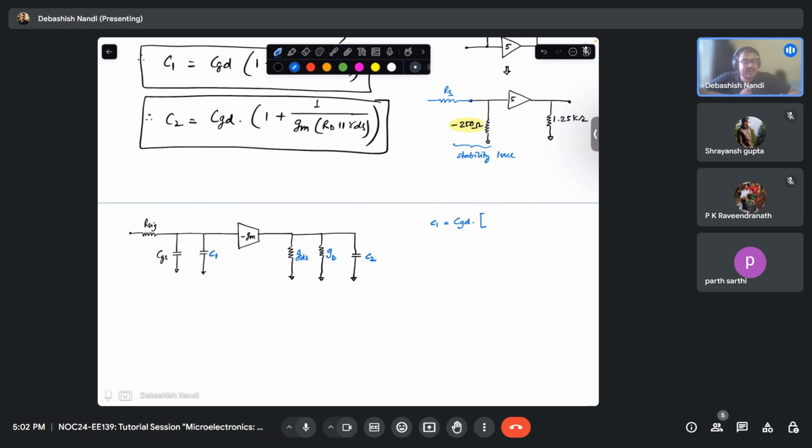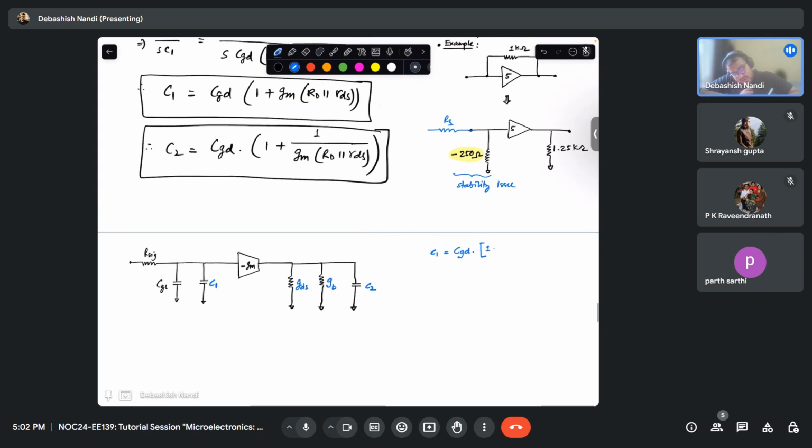In parallel, GDS and RDS, it will just add up, right? Yes, sir. So I can easily write this as 1 plus GM over GD plus GDS. In another case, C2 will be CGD times 1 plus GD plus GDS over GM.